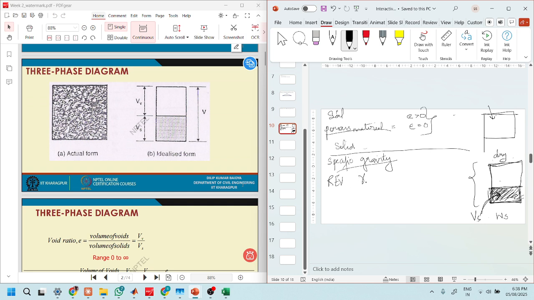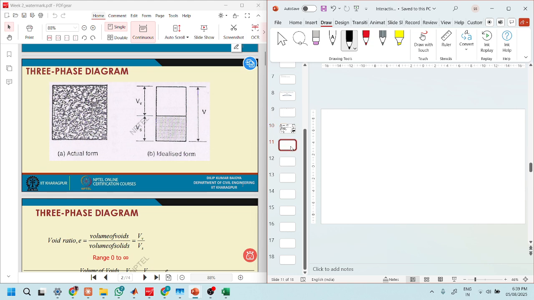So the solid density will be weight of solids by volume of solids, and then your specific gravity is the density of the solids divided by the density of water. It does not depend upon what kind of packing the material has.